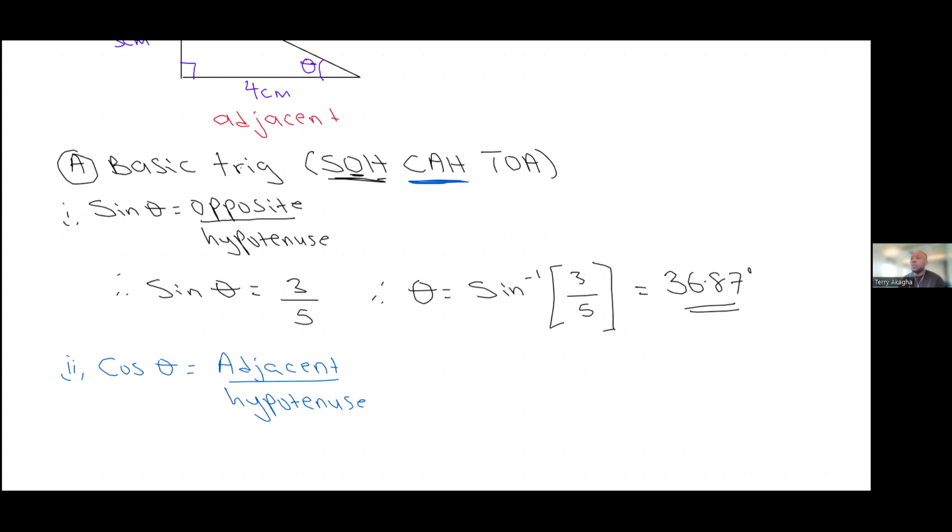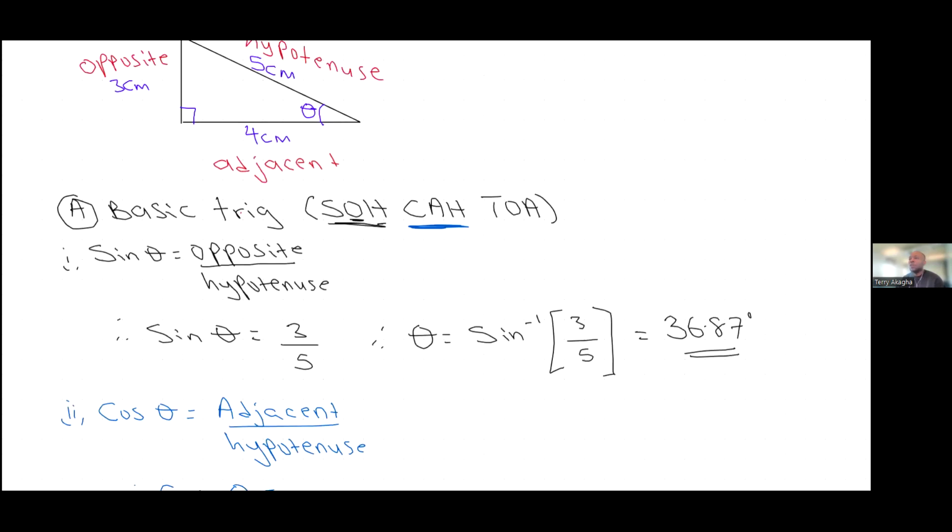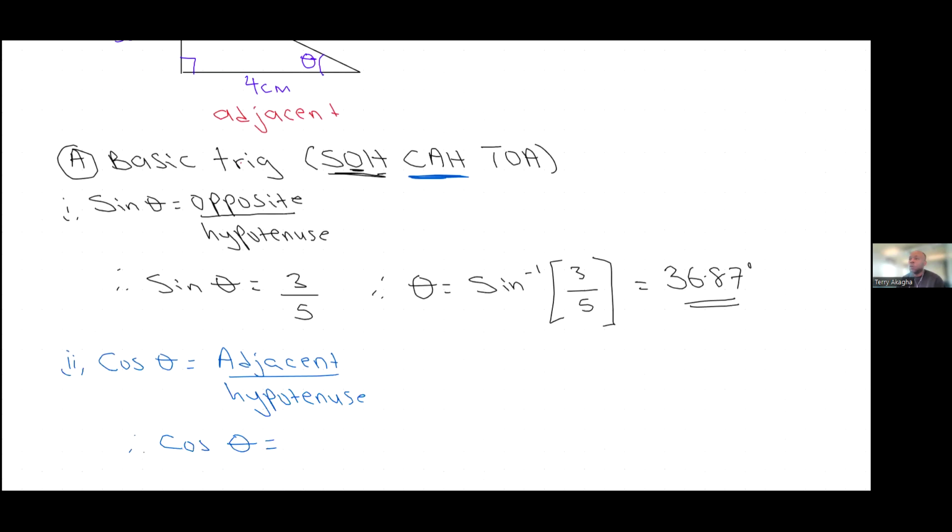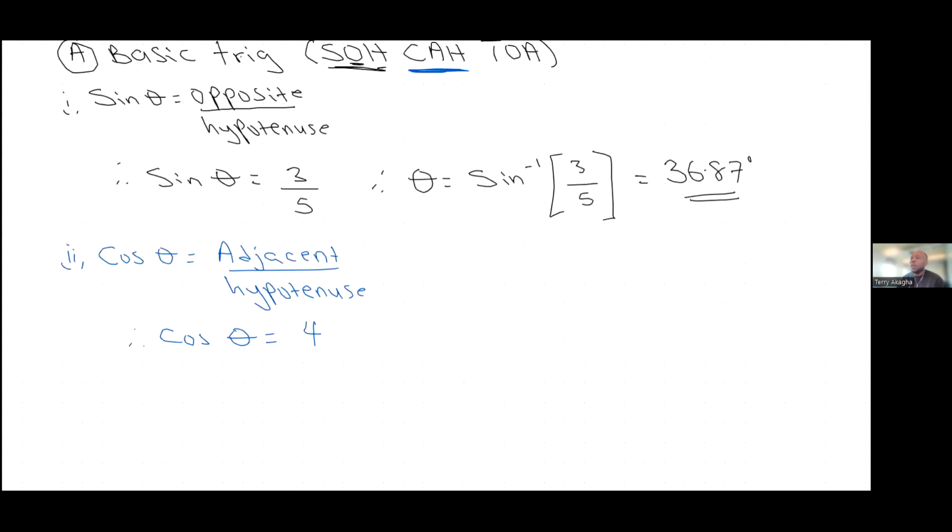So cos theta will be equal to, now let's go back here and see, the adjacent is 4 and the hypotenuse is 5. So that's 4 divided by 5. And then theta is going to become the cos inverse of 4 divided by 5. And that will give us 36.87 degrees.